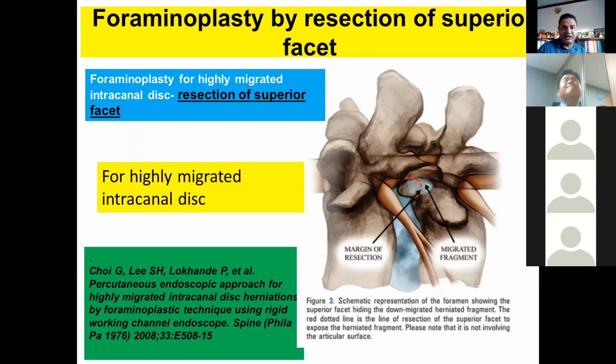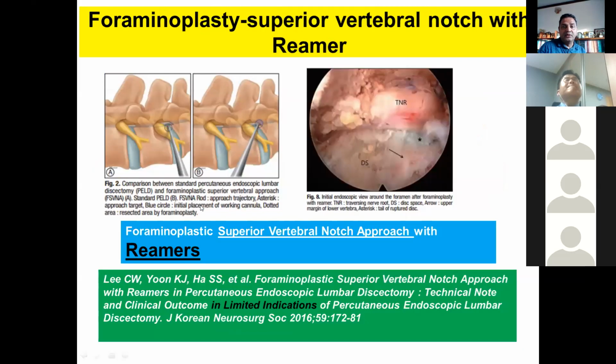I will come to this one later on. This foraminoplasty is utilized for highly migrated intracanal disc. And we can also use the superior vertebral notch approach by widening the foraminal approach with reamers.